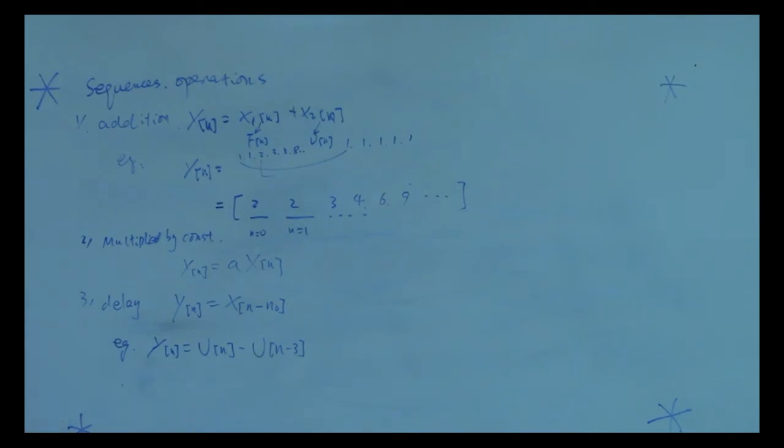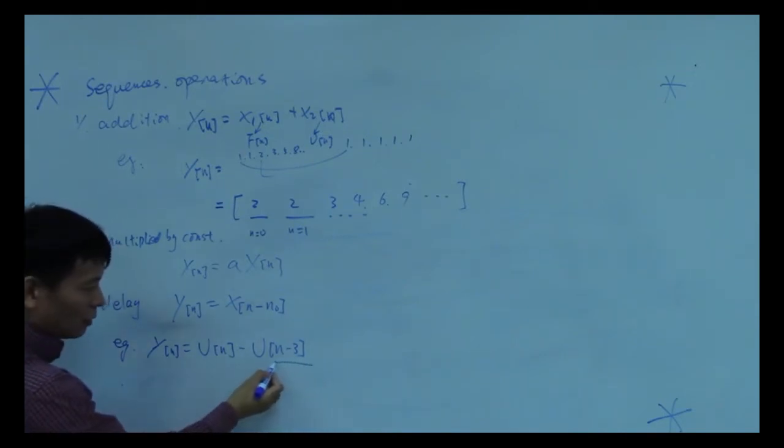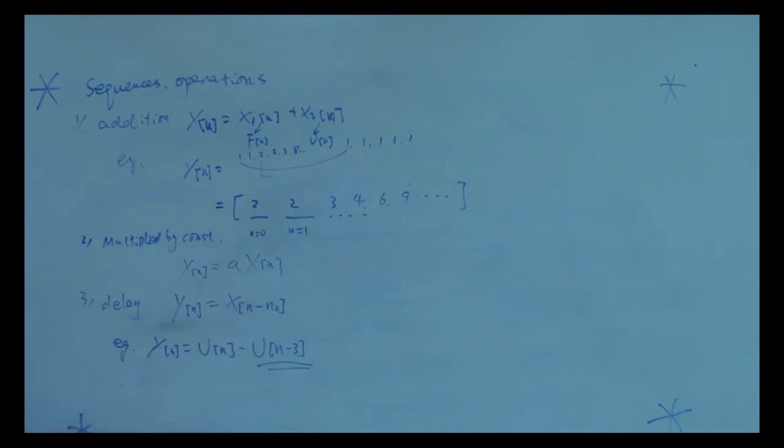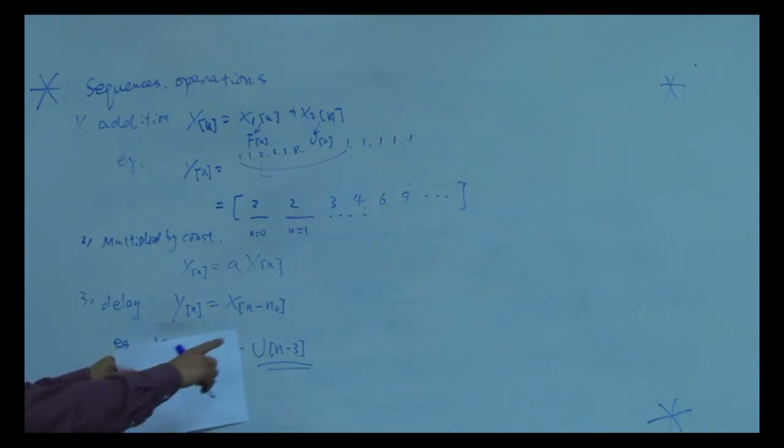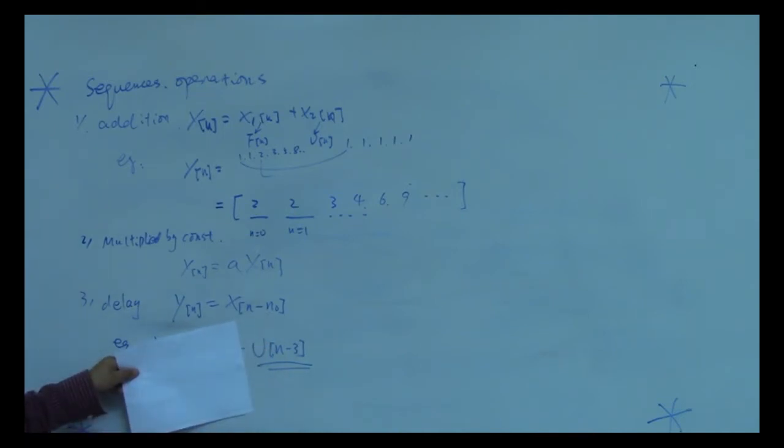So this is the delay, right? First one, you imagine what this is. This is just delayed by 3 time units. You know how it is. You take the unit step, then delay it to the right by 3.